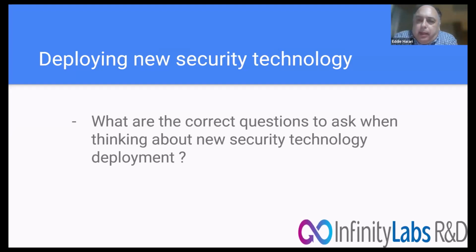Another error commonly seen is when deploying new security technology. A lot of people ask, what does this security technology give me, either in the infrastructure or for your development cycle?